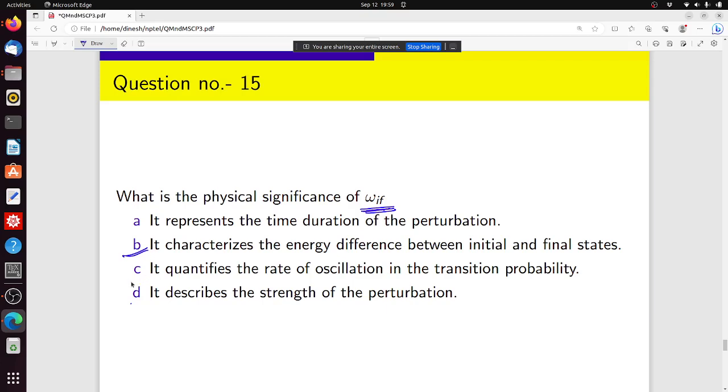C also: it quantifies the rate of oscillation. Yeah, correct. Because this probability will finally come as a function of the energy difference. So it will come as a function of some cosine, let's assume cos of something. Then it comes as a frequency, so it defines the rate of oscillation. So right, B and C. Correct. Good.